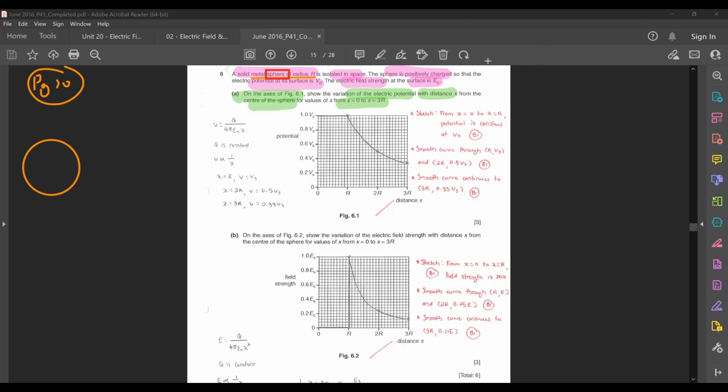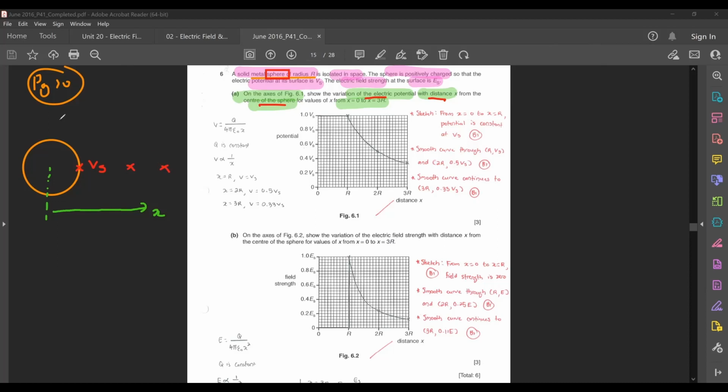They mentioned to you that the surface of your sphere has an electric potential of Vs. So what they want you to find out now is the variation of your electric potential with distance x from the center of the sphere. Meaning, if this one is the center of your sphere, and you increase distance x from the center, what would be the potential at this point, at this point? That's what they want to find out.